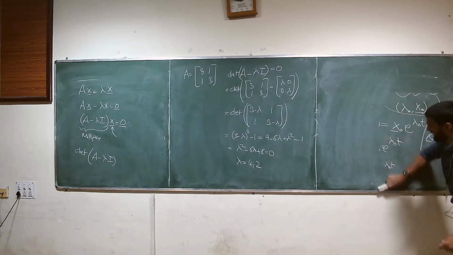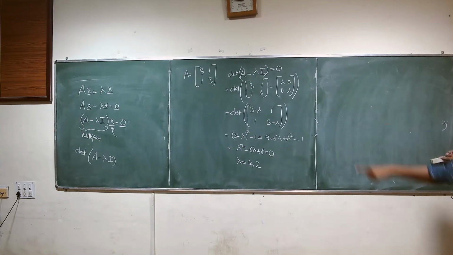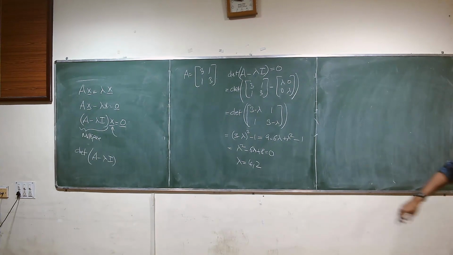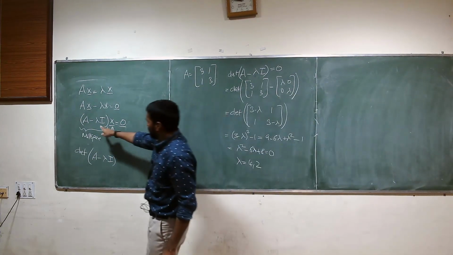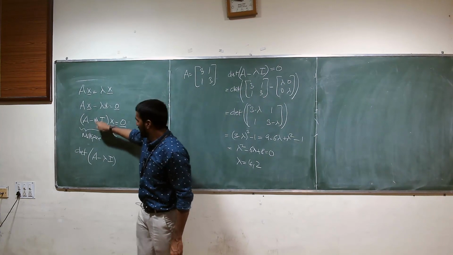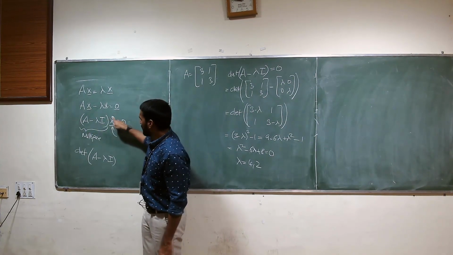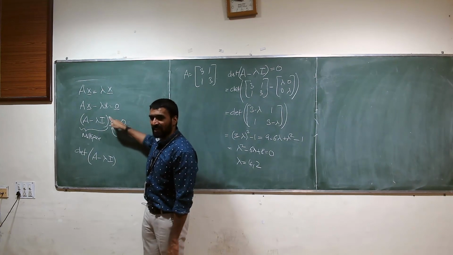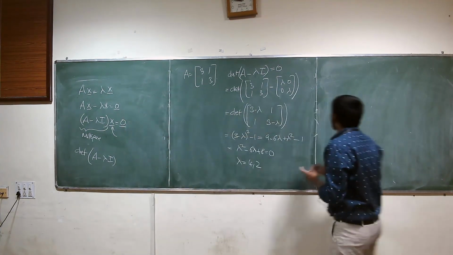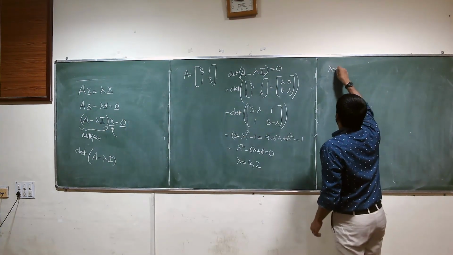The way you do that is you go back to the original expression. Here, if I substitute 4 and find A minus 4I, that multiplied by the corresponding eigenvector should give me 0. Let's say we choose lambda equals 4.